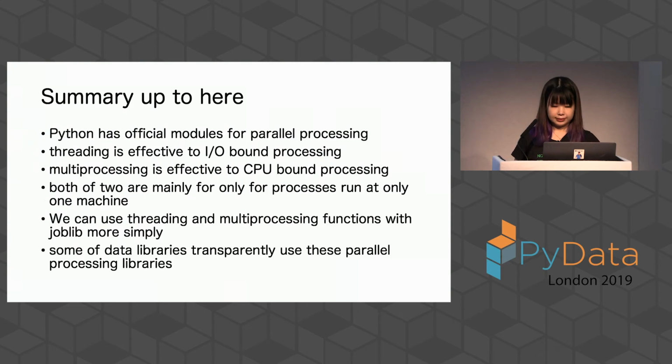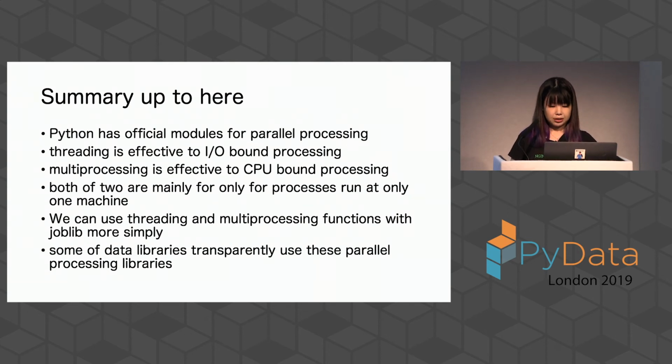Summary up to here. Python has official modules for parallel processing. Threading is effective for I/O-bound processing, and multiprocessing is effective for CPU-bound processing. Both of them are mainly for processes running on only one machine. We can use threading and multiprocessing functions with joblib more simply, and some data libraries transparently use these parallel processing libraries.